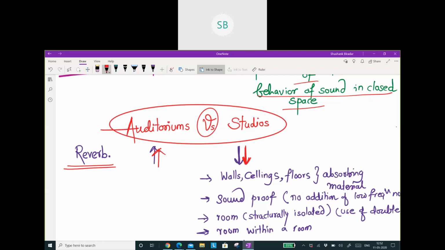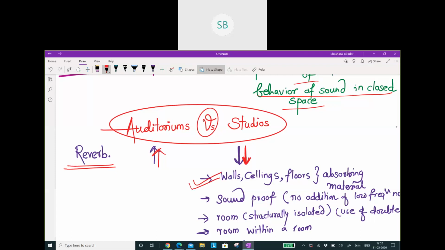Okay, so in order to achieve this, the walls, floor, ceiling, and other surfaces of a recording studio should be covered with a good quality absorbing material. So we have to put a good quality absorbing material so that we can have a better recording.